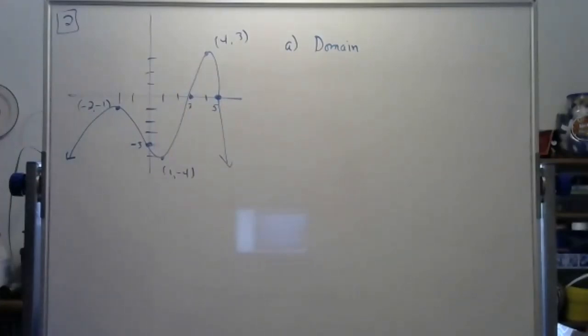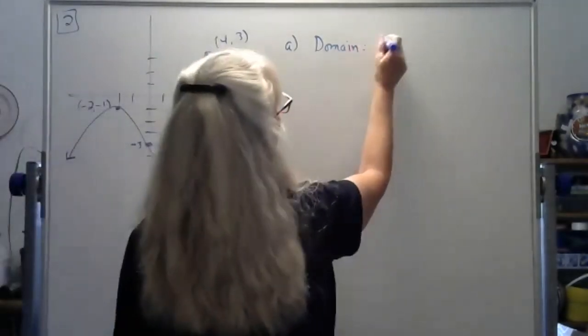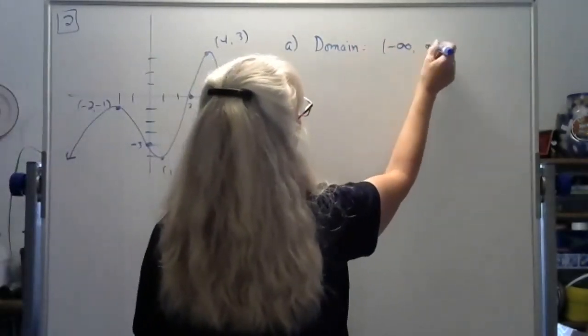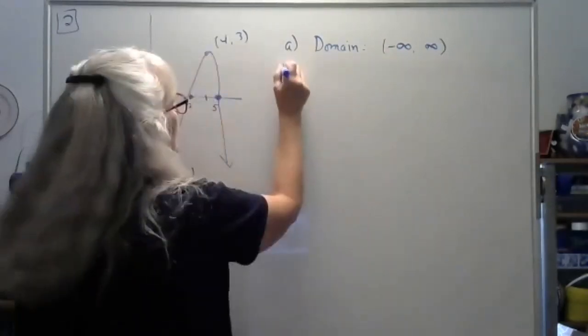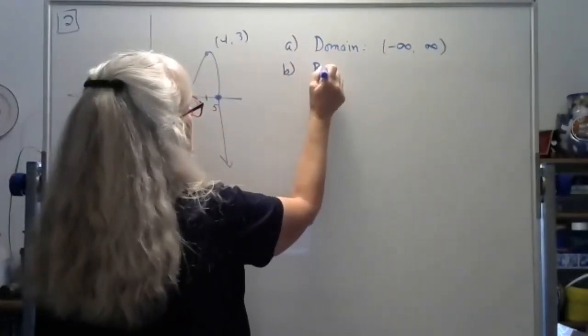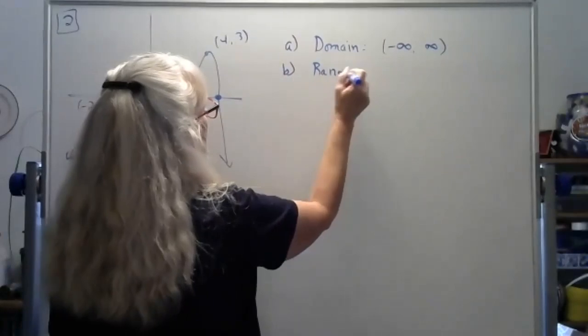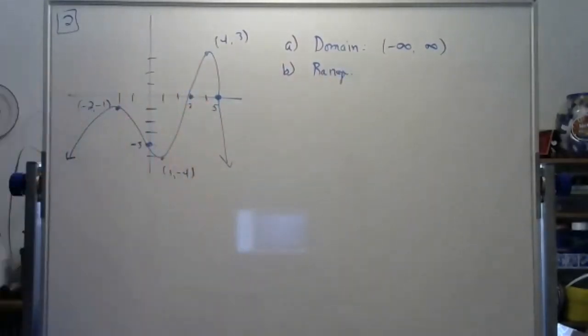Just a nice, smooth, continuous graph. What's its domain? Negative infinity to infinity. Beautiful. You are correct. So the next thing we'll ask is the range. Bottom to top. Range is always bottom to top.